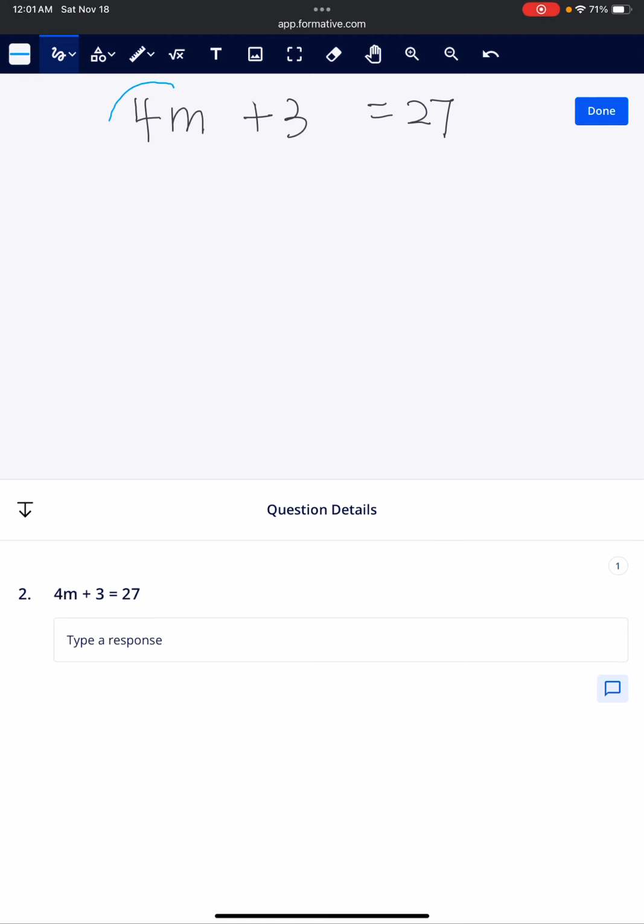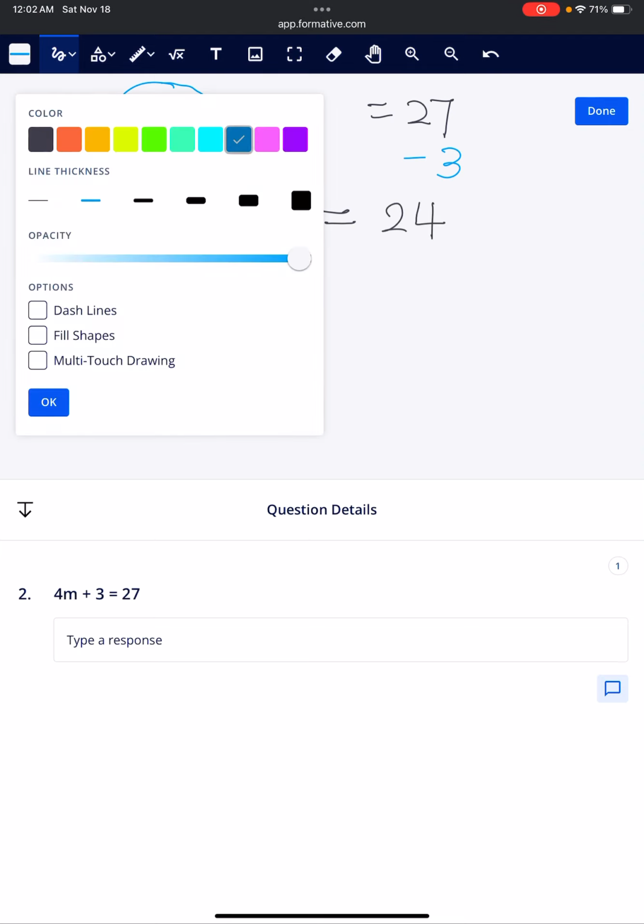So you're gonna isolate your variable. To do that, you need to get rid of the rest. You're going to keep the variable, but you need to get rid of the number. Once you subtract 3 from both sides, you'll be left with just the variable and its coefficient, and 27 minus 3 becomes 24.